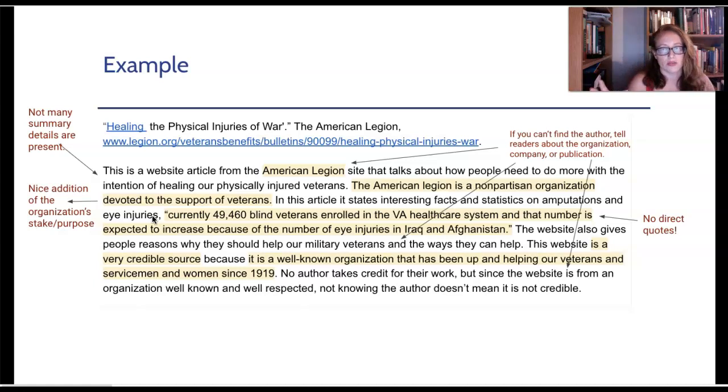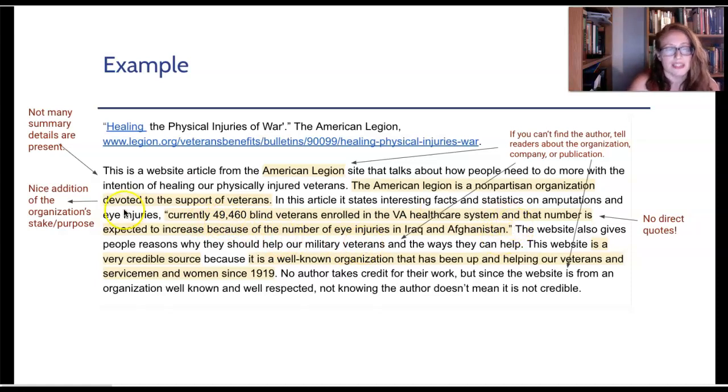Quotes are details that we don't need right now. We don't need evidence. We don't need these numbers and things like that. This is the gist of what's being talked about. So they could have just kept it down to this: in this article, it states interesting facts and statistics on amputations and eye injuries that show an increase, and that's it.